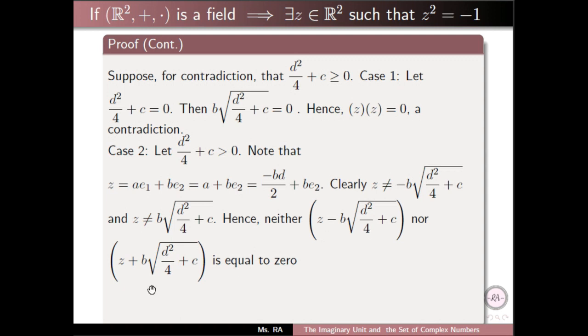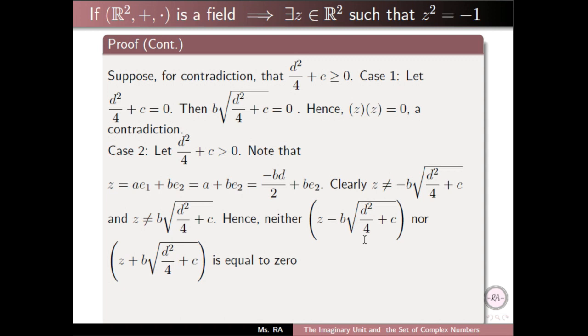Now the only way for us to have this to be equal to 0 or this to be equal to 0, either of the two, is that if z is equal to this or if z is equal to this. But then we have z here which has this value, and clearly they are not equal.